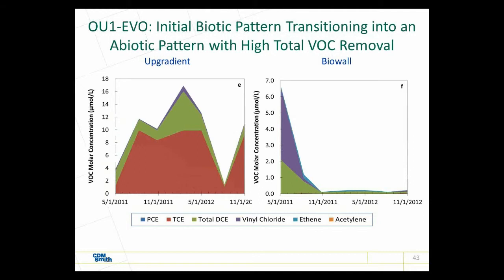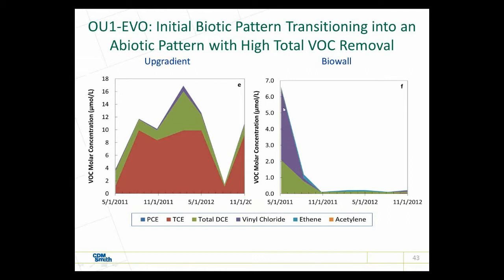If we take a look at the biowall that was amended with organics, what we find up gradient is that it's mostly TCE with DCE, changed over time, but generally ranging on the order of 10 or so micromoles per liter total VOCs. In the biowall, we started sampling after the amendment had already been done, and so we already started to see the process going on.